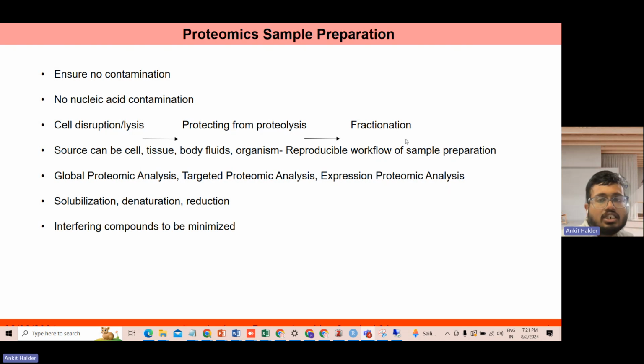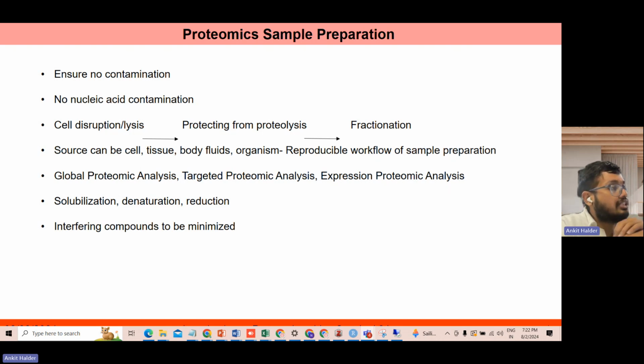Fractionation is one step. Our body and cells are made up of a huge variety of proteins, a complex mixture. So when we run it across the gel, we might get a very crowded pattern, with very small dots all over the gel, and we won't be able to make much sense of it.